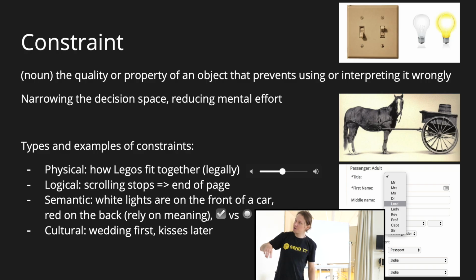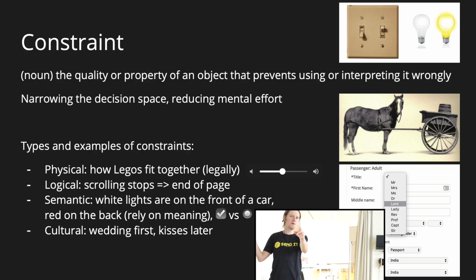And here I have a type of constraint that tells me two things. One of them is a logical constraint, which tells me that the left switch operates the left light bulb and the right switch operates the right bulb. That's the logical constraint that relies on so-called natural mapping.